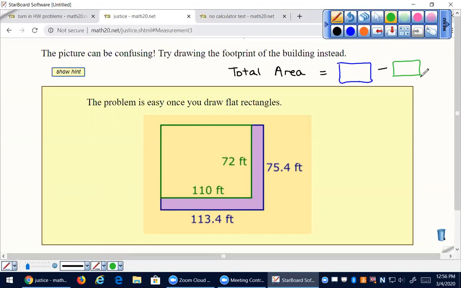We're removing this part. Okay, now I can use formula. So this is a length times width because it's a rectangle. And this is a length times width because it's a rectangle. So the big one.